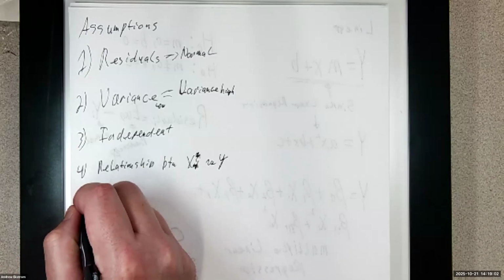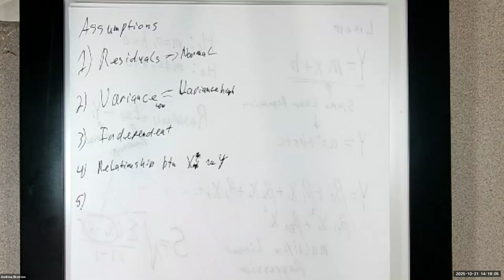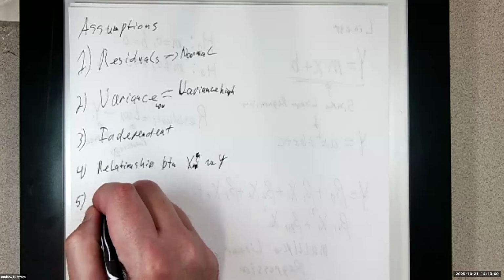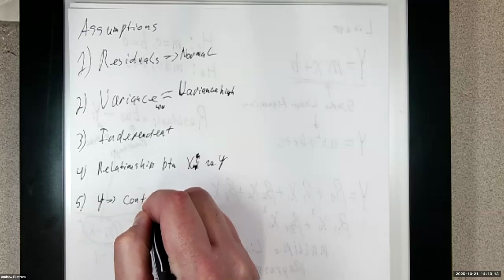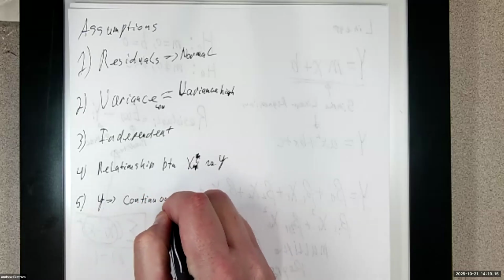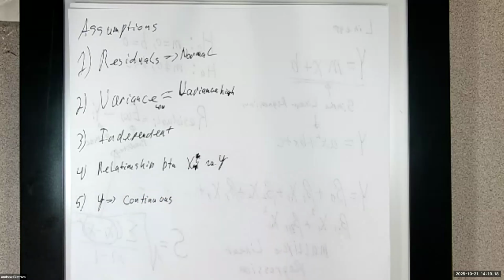And if we're going to be talking about simple linear regression, multiple linear regression, we also have to assume that y is continuous. And for y to be continuous in this case, you have to be able to have decimals in there.